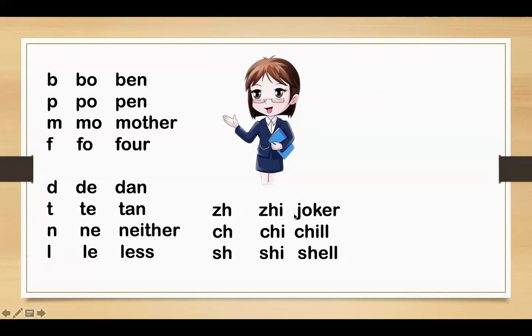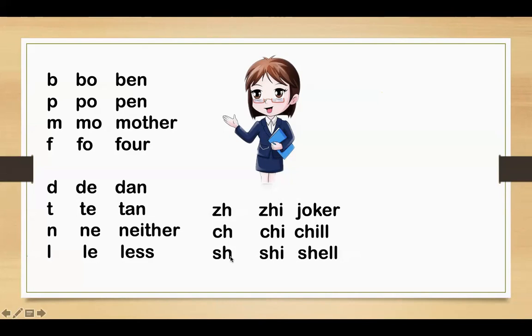And here, the double, I just told you guys, they are pronounced together as a whole, as only one consonant. Zhi, joker. Joker actually starts with this consonant. Zhi, joker. And ch, like chill, chi.